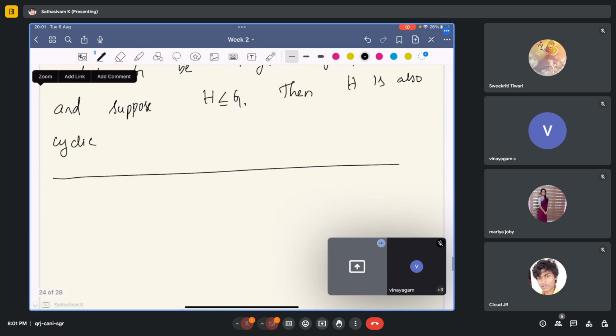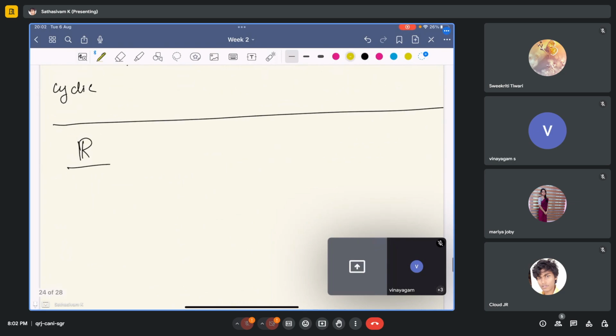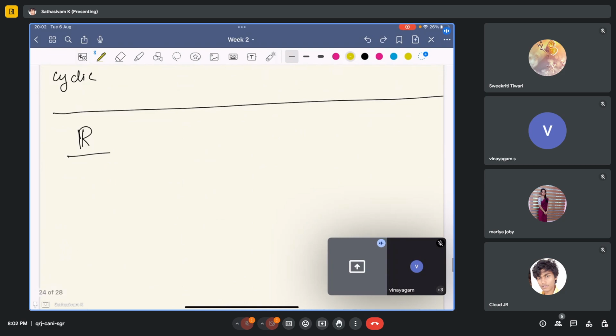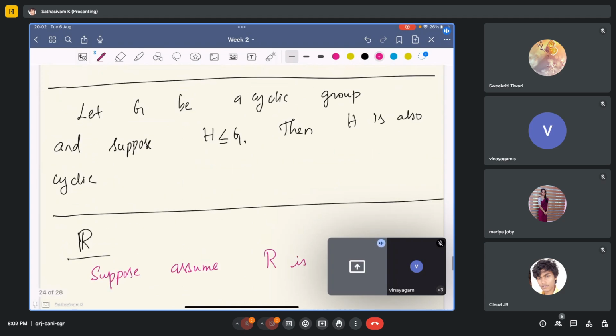So now we prove the third one. Let's say we prove R here. Let's go with the proof by contradiction. Suppose, let's assume that R is cyclic. So if R is cyclic, what happens?